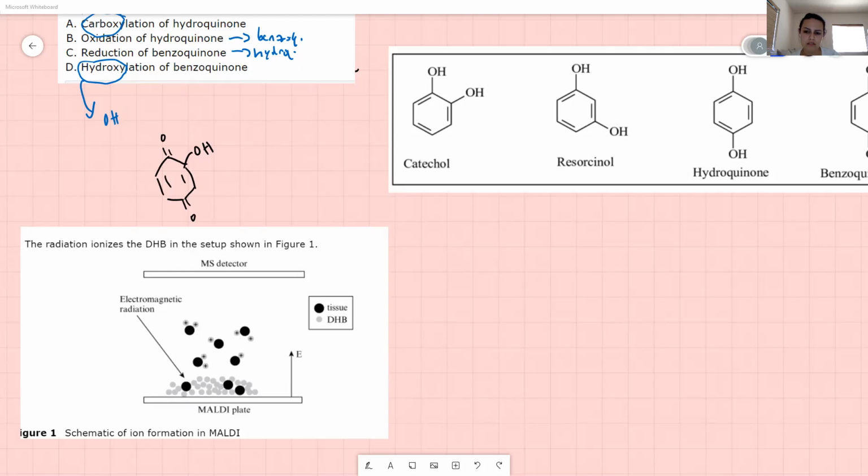Okay. Yep. Time of travel. How about C? Time of travel is inversely proportional to the mass to charge ratio. So okay, velocity and time are inversely proportional to one another.